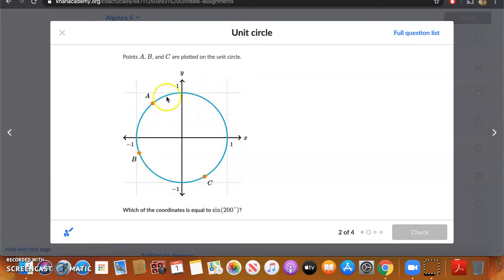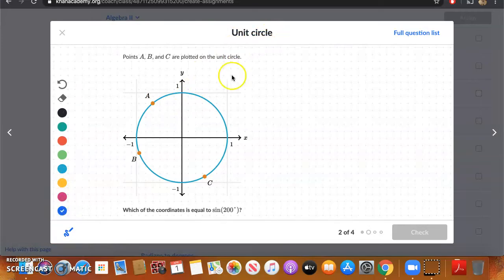If you don't remember what a unit circle is, the basic definition is: a unit circle is a circle centered at the origin with a radius of 1.